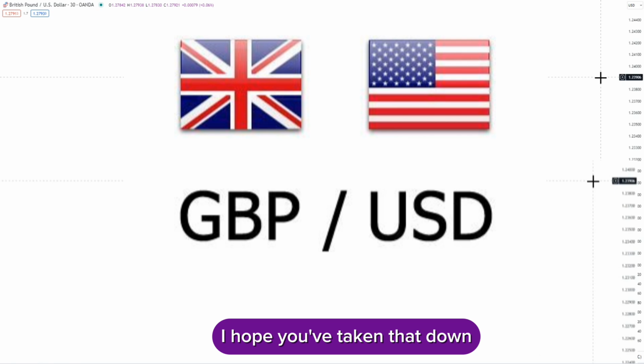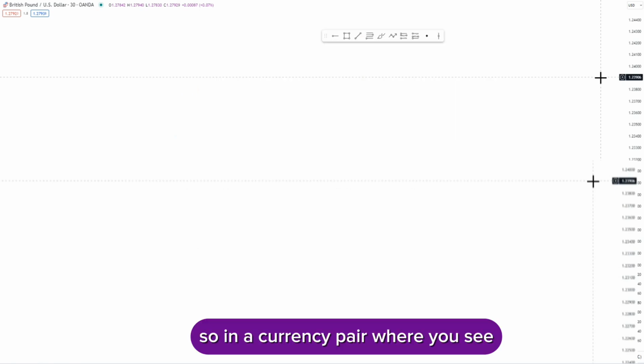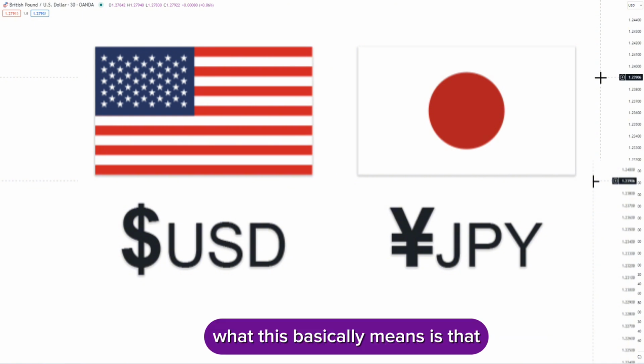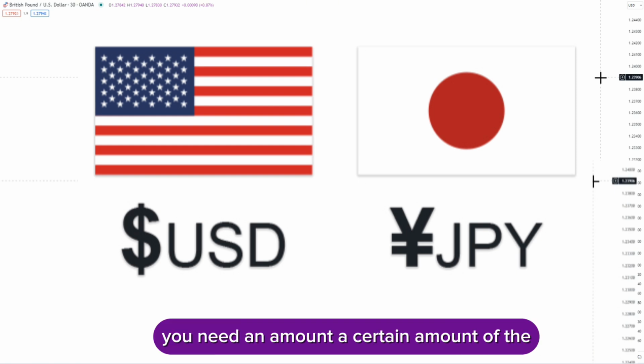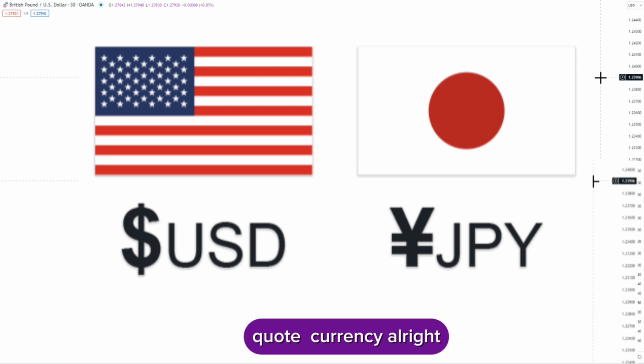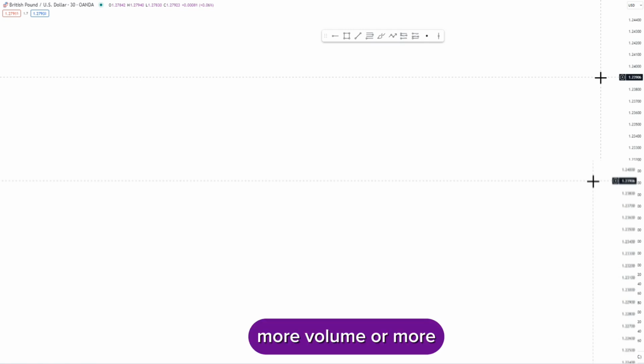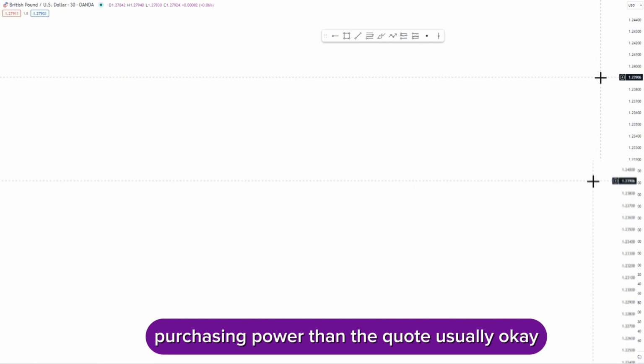I hope you've taken that down. So in a currency pair where you see a base currency and a quote currency, what this basically means is that for every one base currency, you need a certain amount of the quote currency. All right. The base currency usually has more volume or more purchasing power than the quote currency usually.